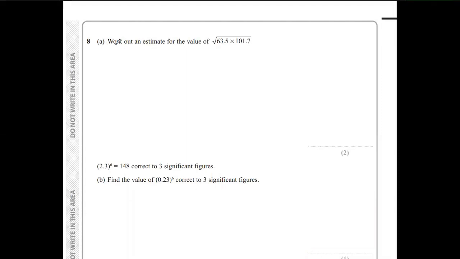Question 8, part A. Work out an estimate for the value of the square root of 63.5 times 101.7. If I round it to one significant figure, the most significant figure in 63.5 is 6, and the place value of this is 10. So I'll round it to the nearest 10. So this number will become 64.